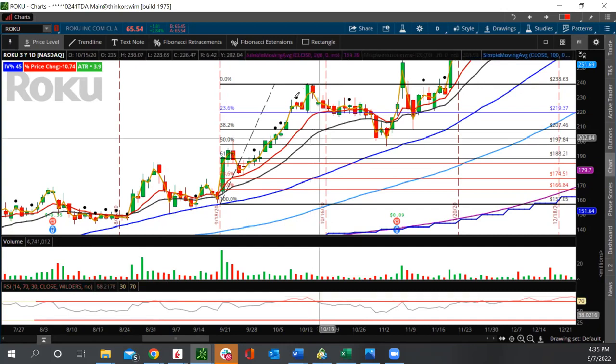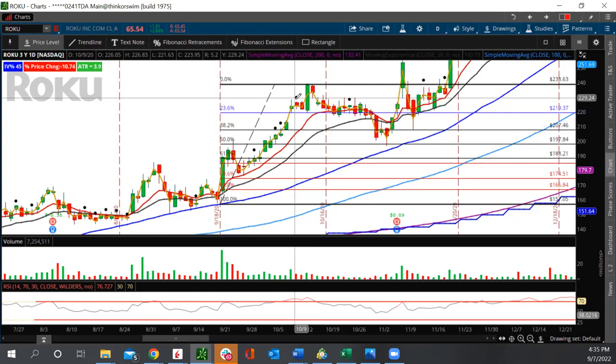So what does that mean? When it's overbought, it doesn't mean for sure that price is going to retrace or pull back, but it is something to be aware of, because price can stay overbought or oversold for a long time. I've seen it. But typically it is an indication that there's going to be a retracement.